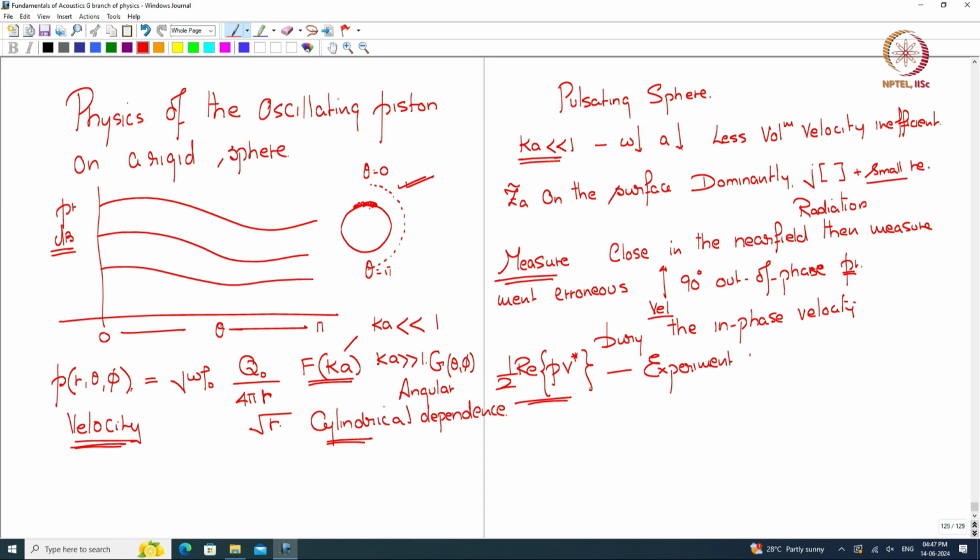You will use microphones and all the setups and signal processing equipment, etc., and you are going to measure and average. So, there will be a lot of errors creeping in because the near field velocity overwhelms the far field velocity. The power is being radiated by a small real part, there is no doubt.